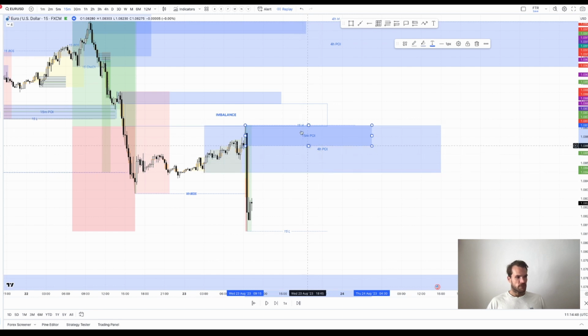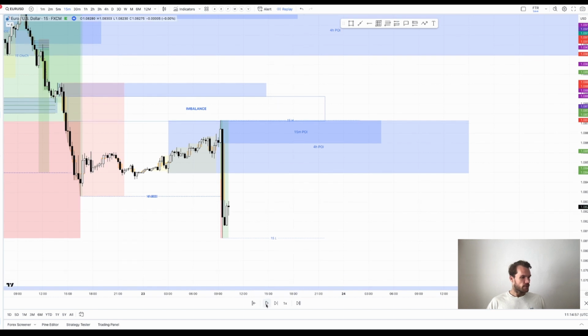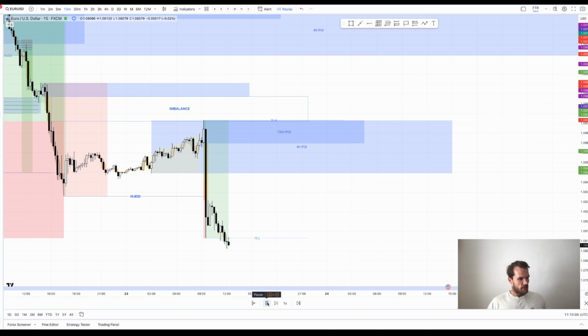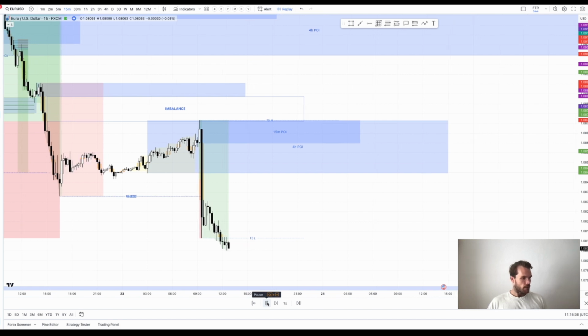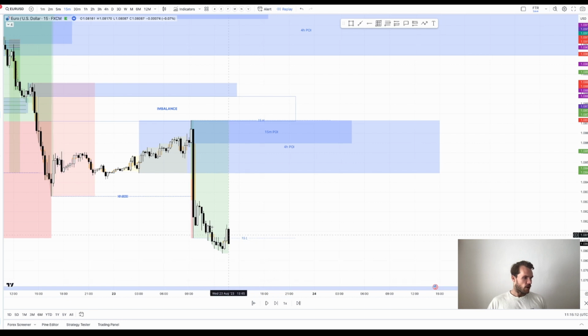I'd rather wait for some rejection, some chock out of this area, even the sweep and then the chock, or whatever might happen. So let's see if New York gives us anything. We've got price just pushing down here. Not really interested in taking any trades from here. Not really high probability. We had a little bit of a push up there, but nothing that screams high probability trades.